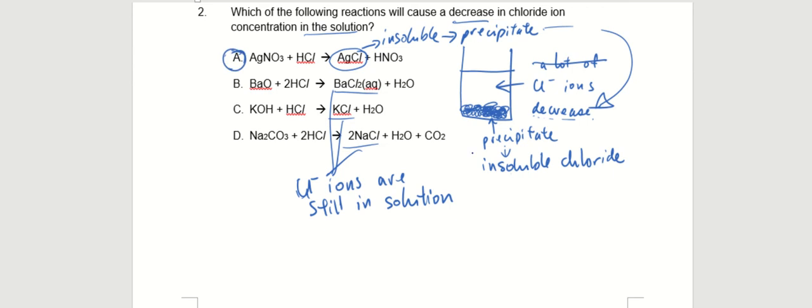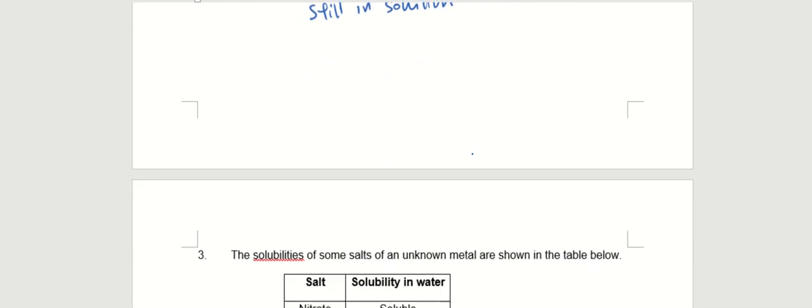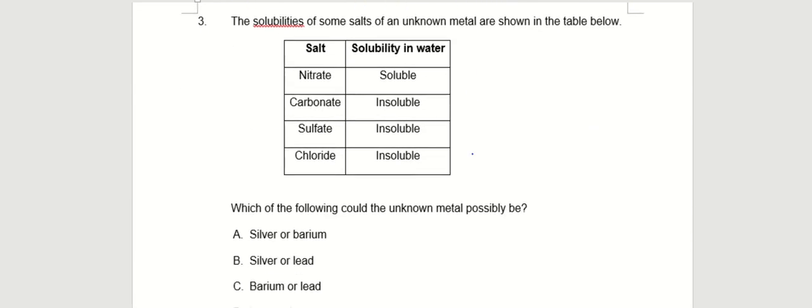Okay, so let's tackle another problem. Number 3, the solubilities of some salts of an unknown metal are shown in the table below. So we can see that for this particular metal, the nitrates are soluble, the carbonates are insoluble, the sulphate is insoluble, and the chloride is also insoluble.